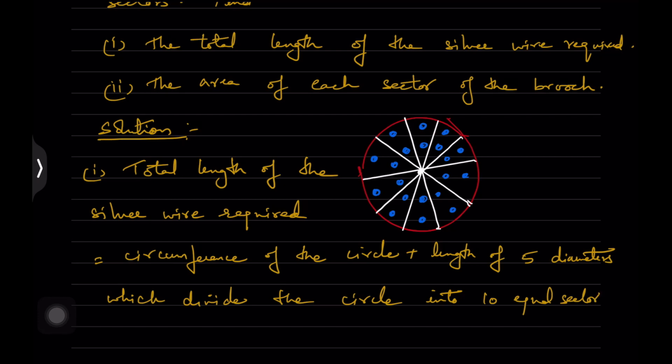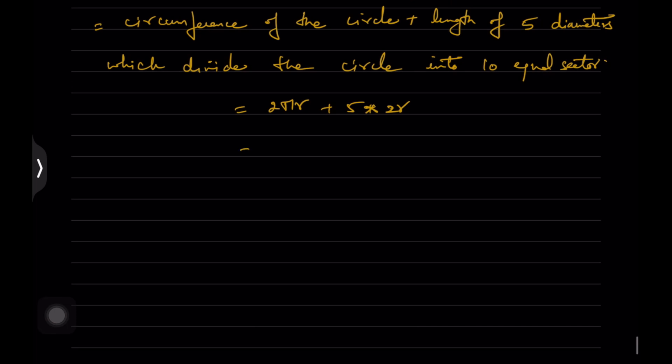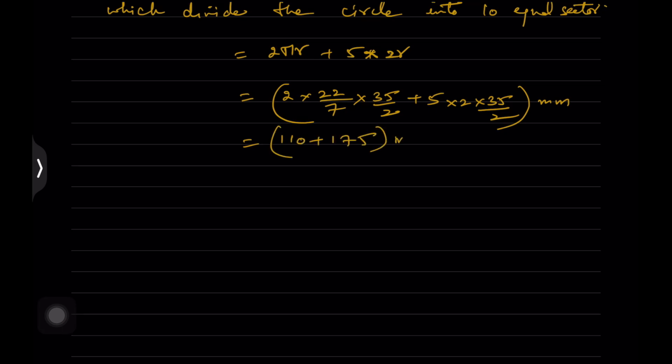So you can see from the figure that it is equal to 2 pi r plus 5 into 2r, which is equal to 2 into 22 by 7 into 35 by 2, since 35 is the diameter so r is 35 by 2, plus 5 into 2 into 35 by 2, which is equal to 110 plus 175 millimeters, which is equal to 285 mm.